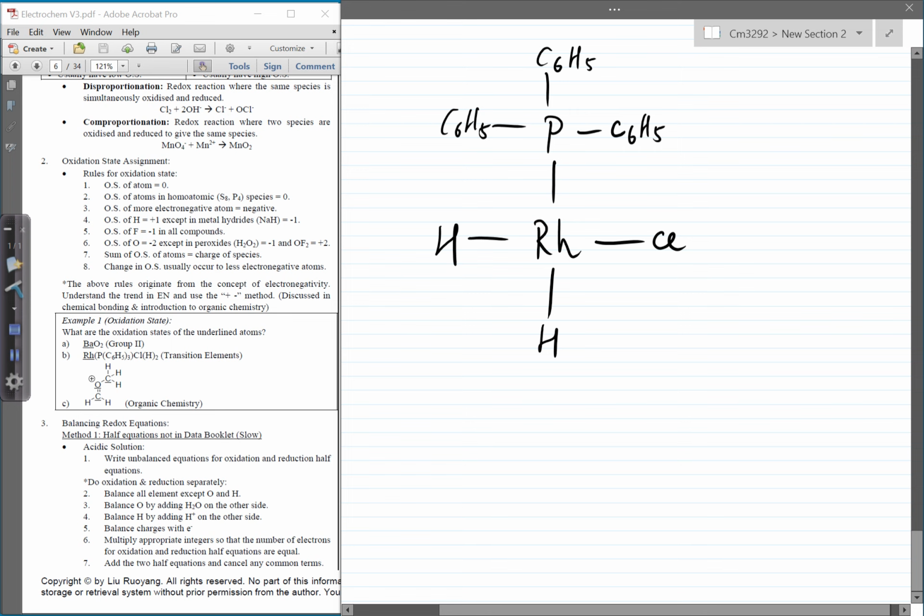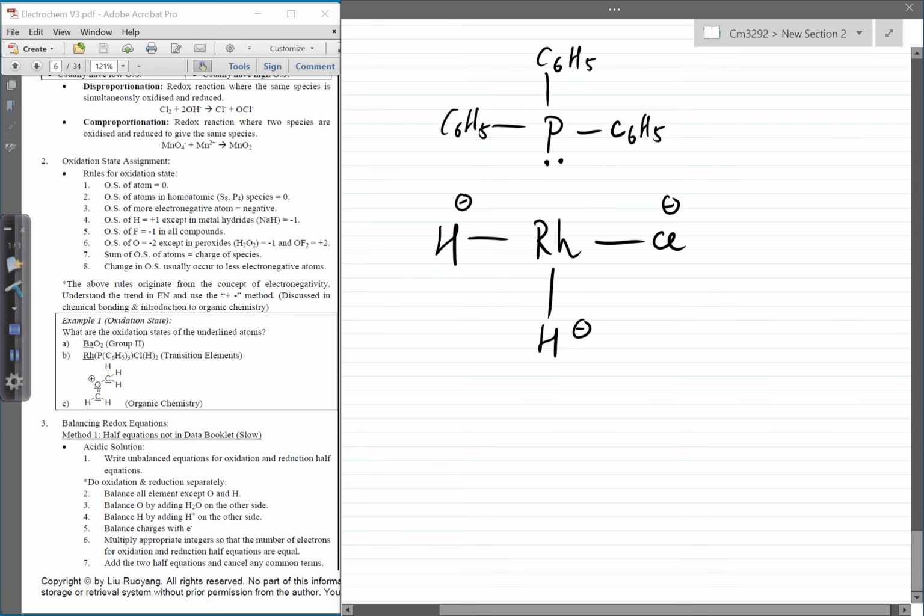So for this case, it's basically testing you on whether you know how to classify the ligands. For this H, it's actually H minus. This is your Cl minus, this is your H minus, right? What about this ligand? This ligand is actually a neutral ligand, right?